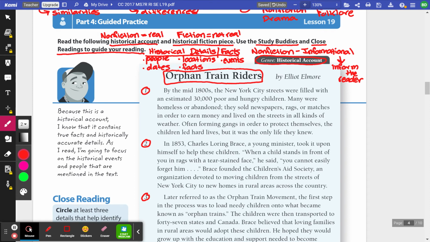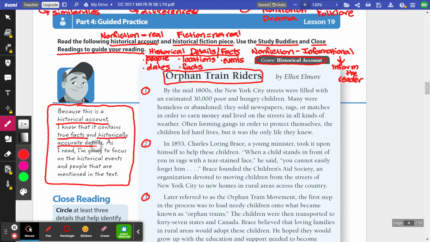So the next thing I want us to do is look at our study buddy. The study buddy is going to tell us some important information as we read. So the study buddy says, because this is a historical account, I know that it contains true facts and historically accurate details. As I read, I'm going to focus on the historical events and people that are mentioned in the text.